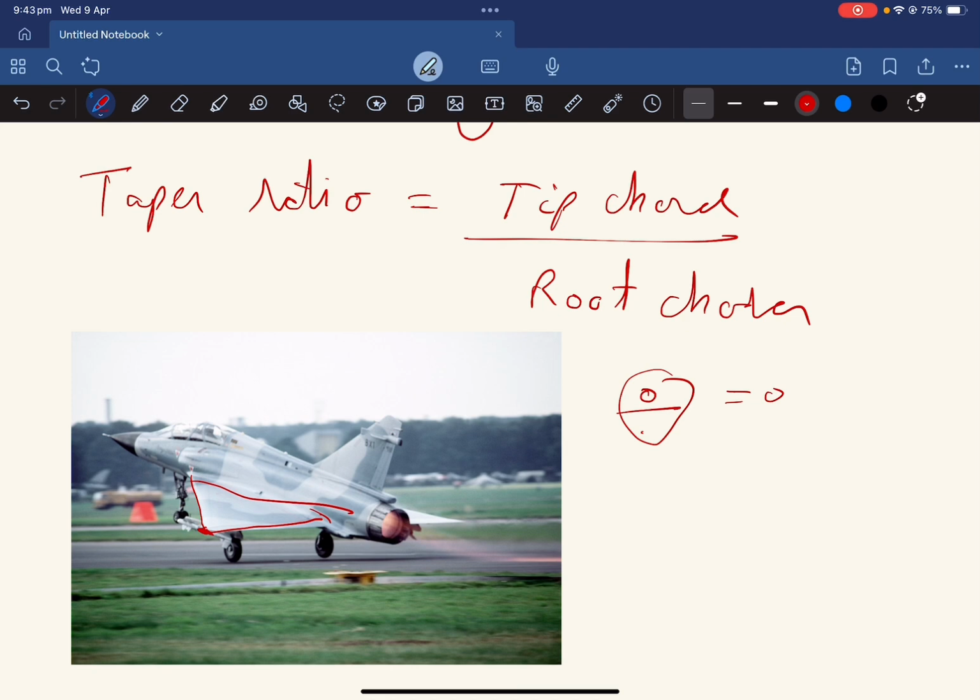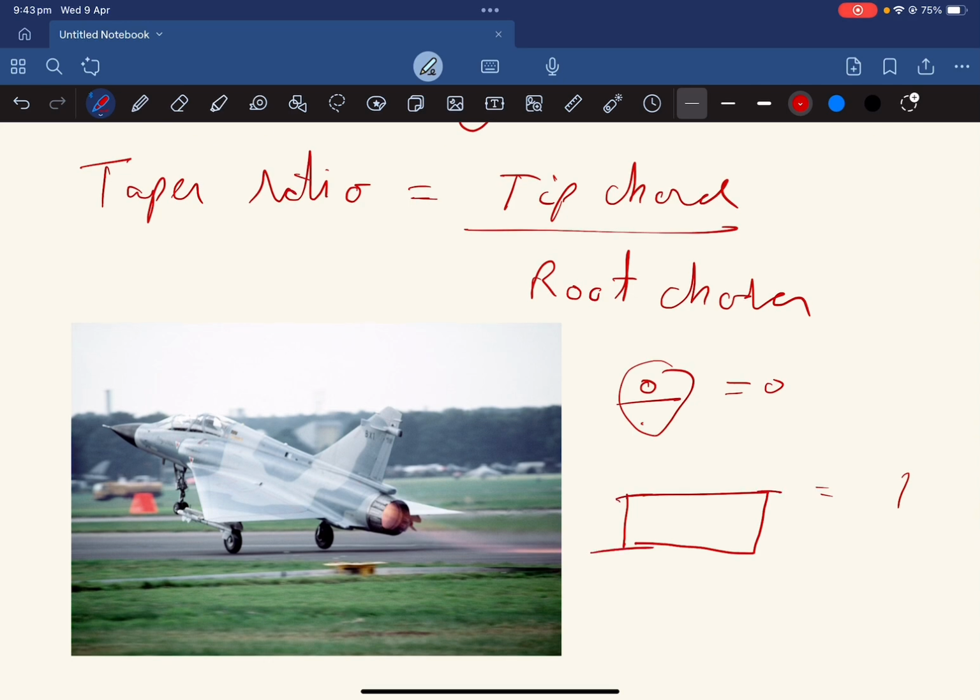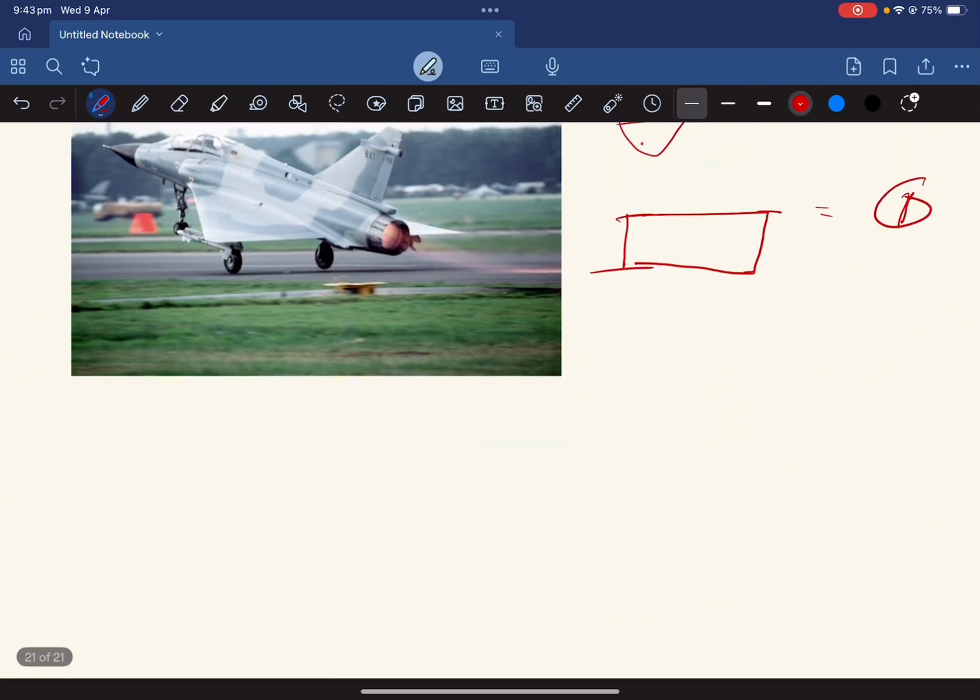And let's say there was a rectangular wing, for example, in the older aircrafts. Let me draw a rectangular wing over here. What would be the taper ratio in this case? It would be 1. Why? Because the tip chord is going to be the same as the root chord, which makes the entire ratio 1. All right, so the next term is aerodynamic chord.